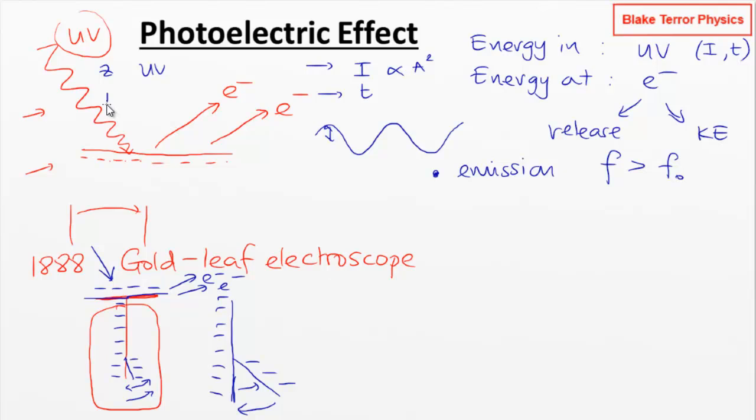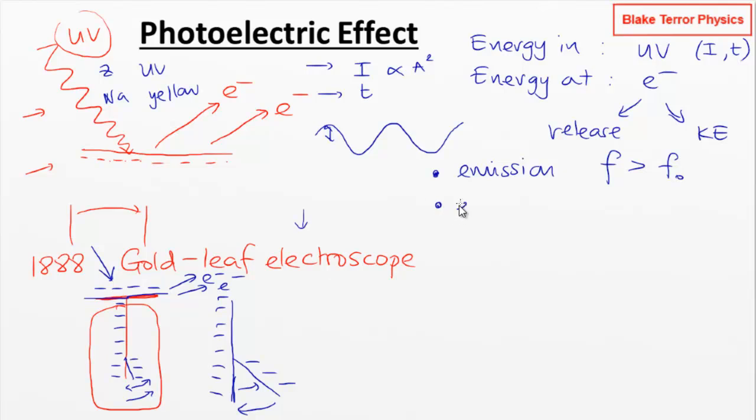For sodium, I think it's yellow light. So if you've got something shorter wavelength than yellow, then you can get photoemission. But sodium's not great for building electroscopes and things because it's so soft as a metal. So you want something in the UV or thereabouts just to get things going.